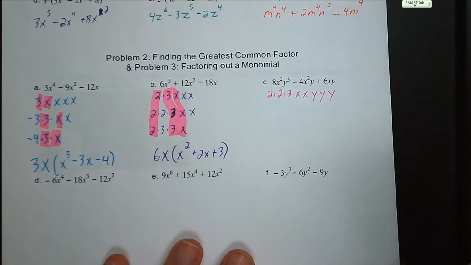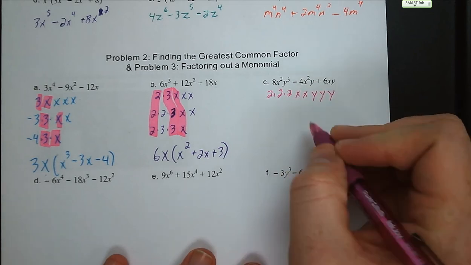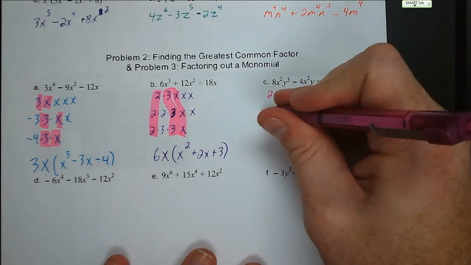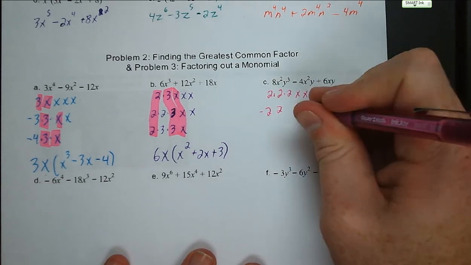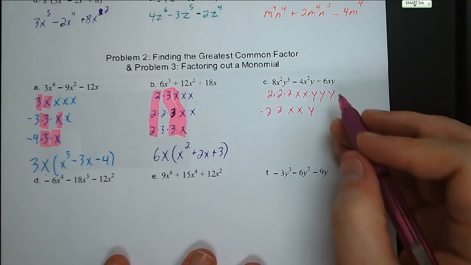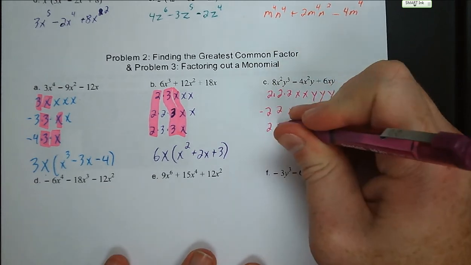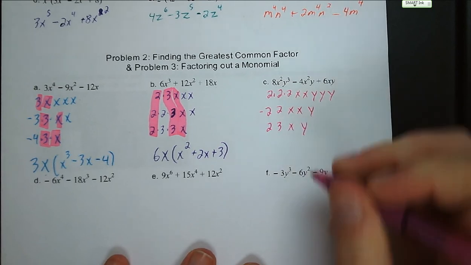Okay? My second term is negative 4x squared y. So I have a negative 2, a 2, an x, and a y. My last term is 2 times 3 times x times y.